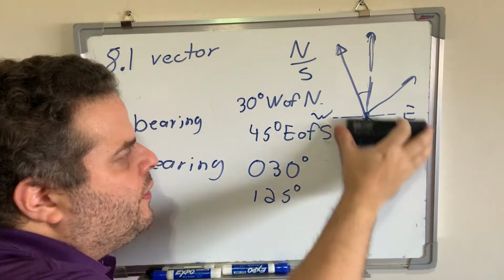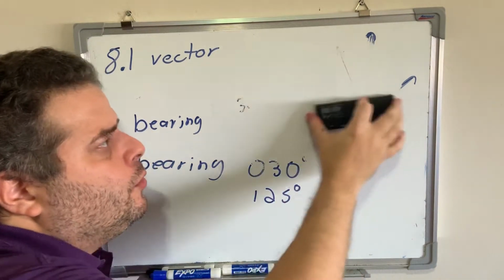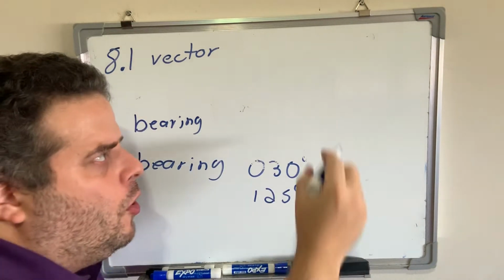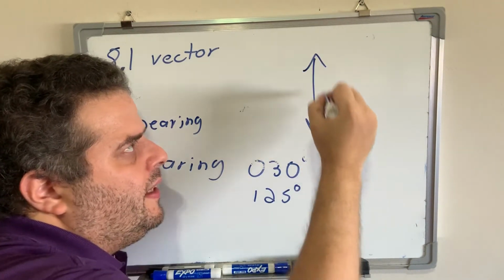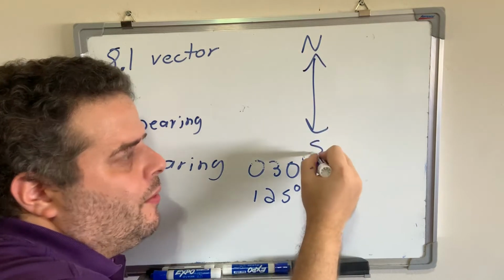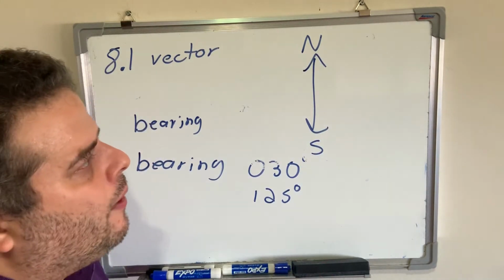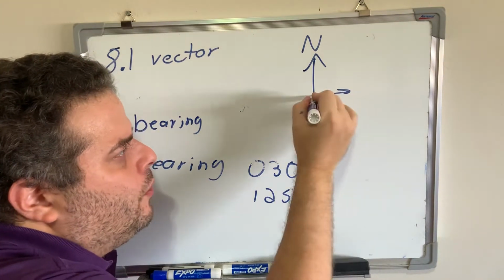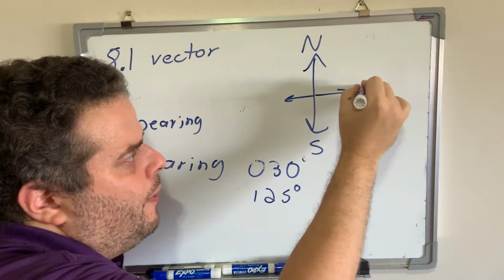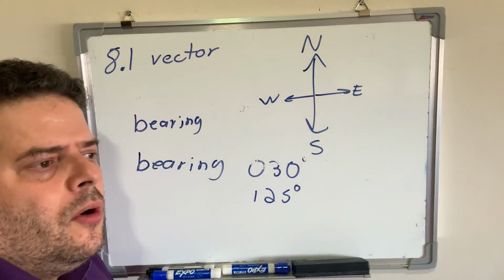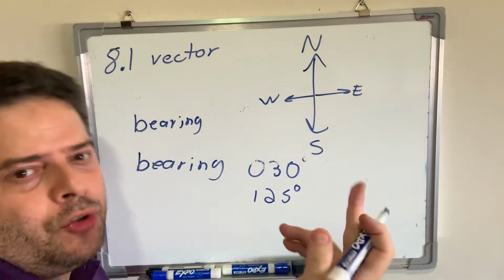Now, many students confuse east and west. I mean, north and south are very easy. North and south, well, hopefully they're easy. Now, the way east and west goes, the way I was told to just memorize them when I was in school, was just think of how news travels.